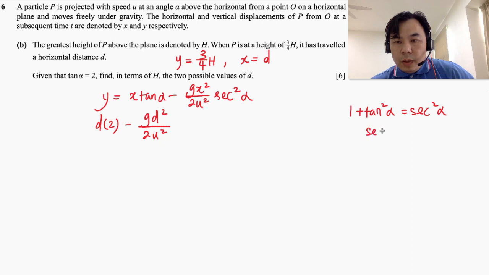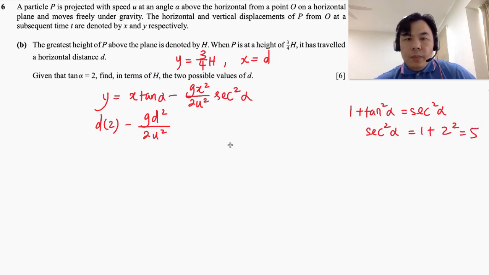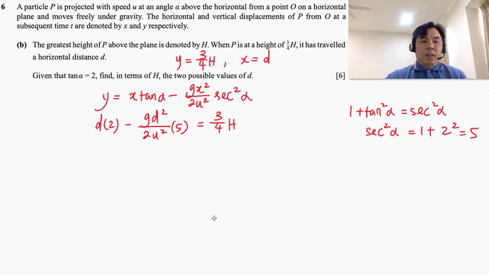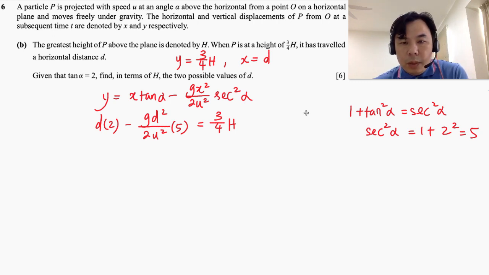Therefore, we found that secant square alpha here is basically 1 plus 2 square, which is equal to 5. So we can put in a 5 here, and then our y will be 3/4 h here. All right, I hope that is clear at this point. We can try to simplify this as much as possible, but we can leave it here and label it as 1.